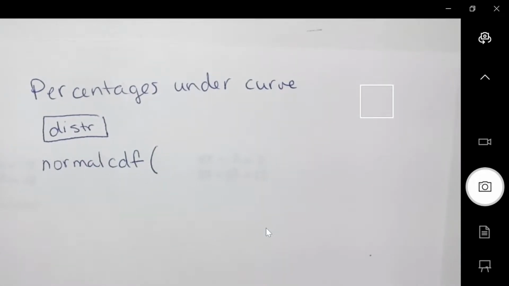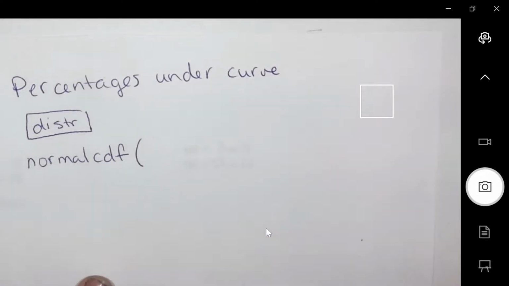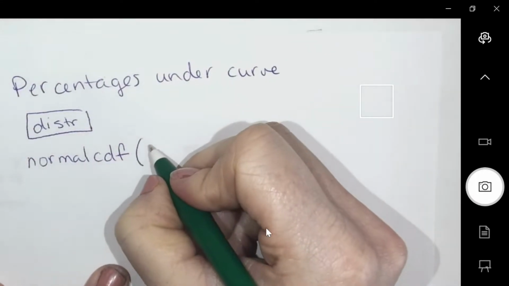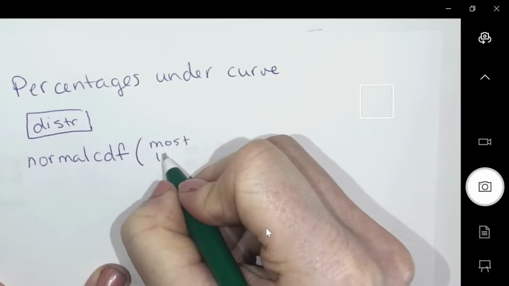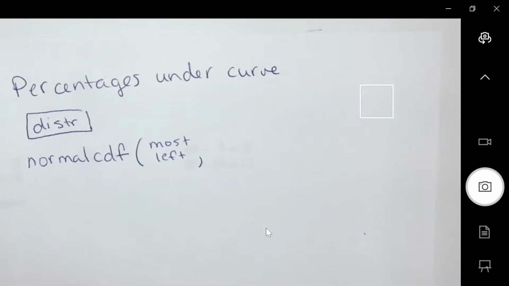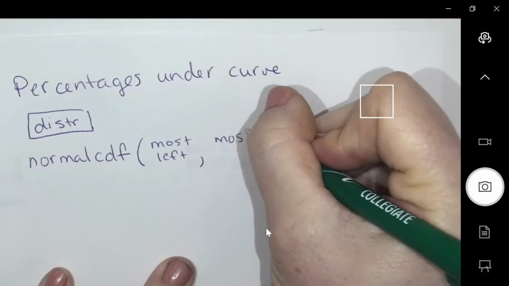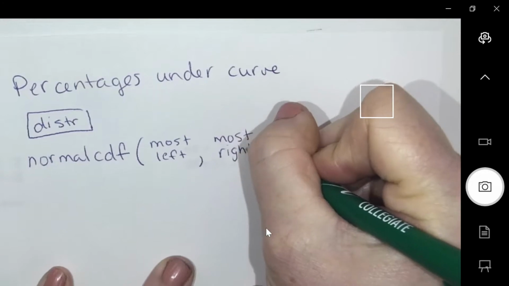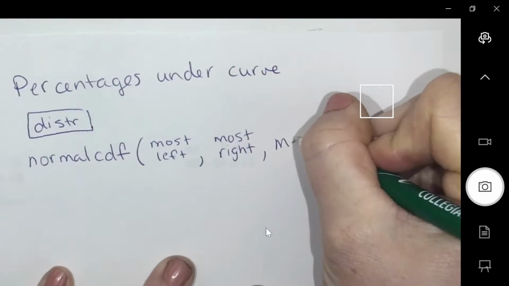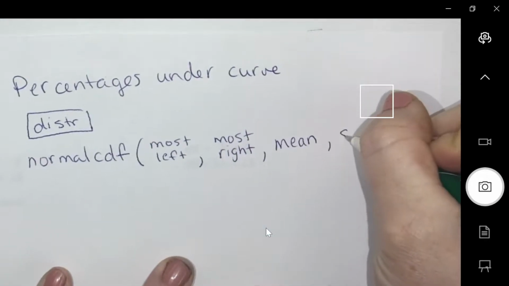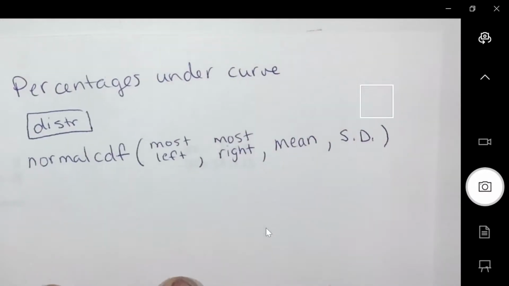So distribution button, normal CDF is the step. And it's going to go like this. You're going to have to type in 4 things. The most left, comma, the most right, comma, mean, comma, standard deviation.